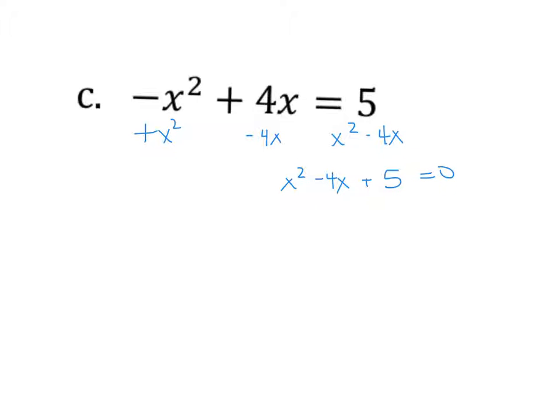Now x squared is positive, one side equals 0. I'm ready to identify my A, B, and C. So A is your number in front of x squared, so in this case just 1. B is our number in front of x, so negative 4. And C is our constant.